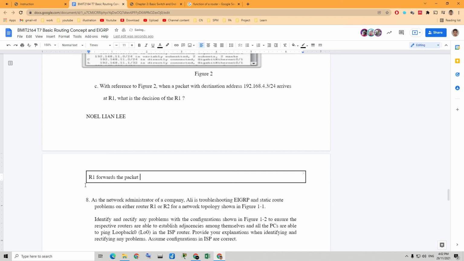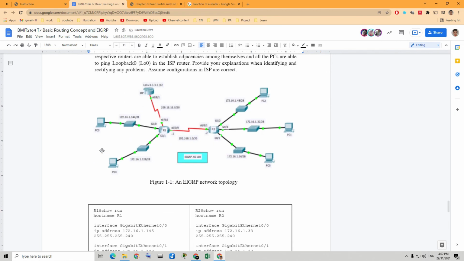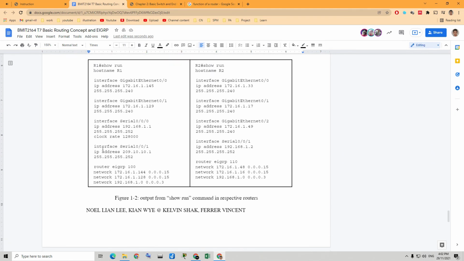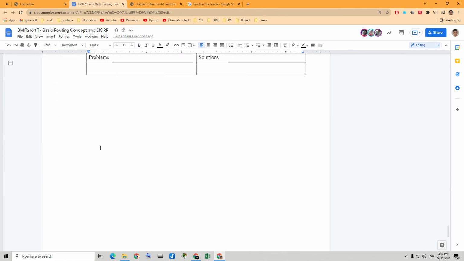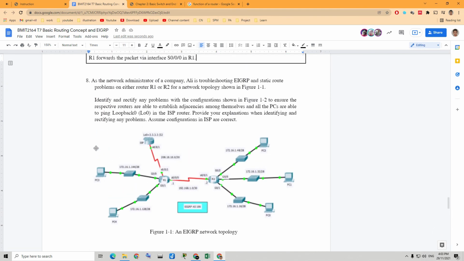So it should be false, because if you take the statement at face value, it says only the default gateway, so it cannot be.